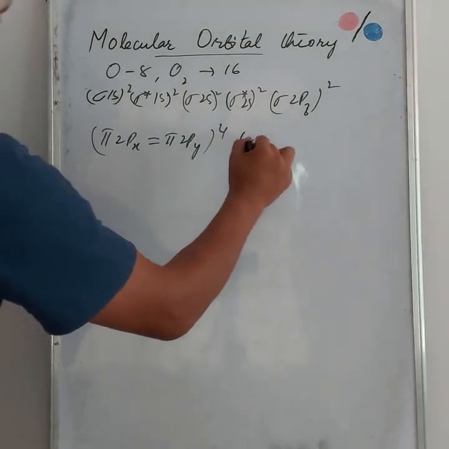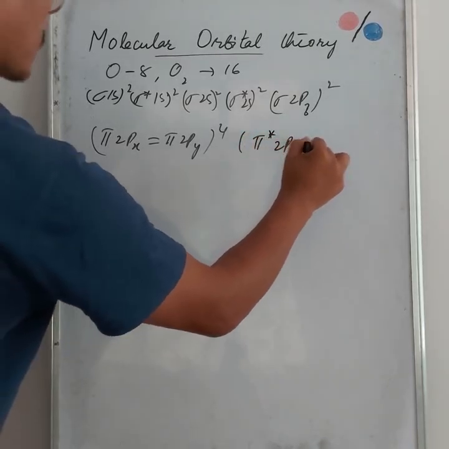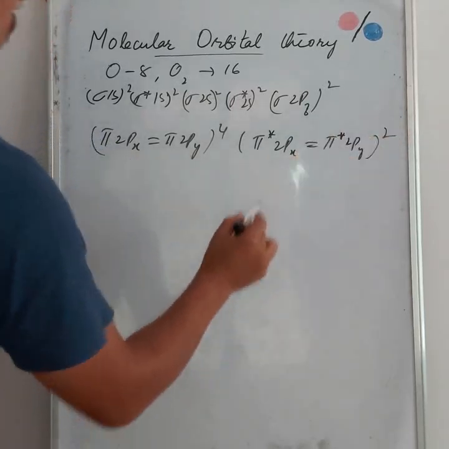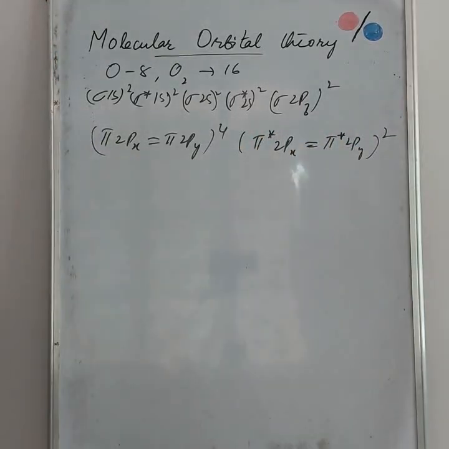Then we have pi star 2px, pi star 2py. So of those 2 electrons, 1 will enter each.